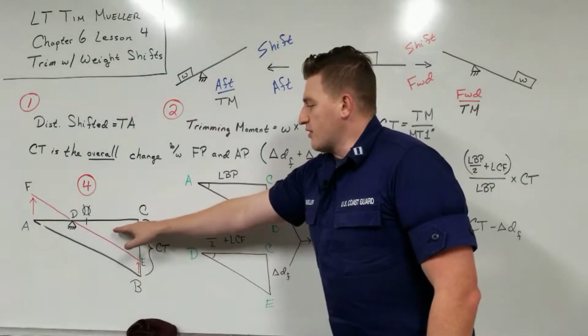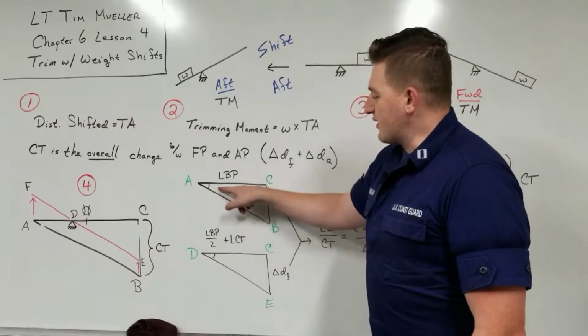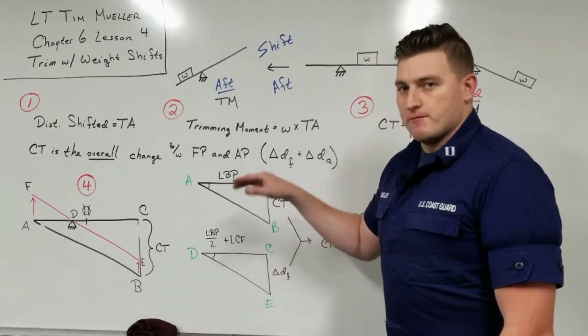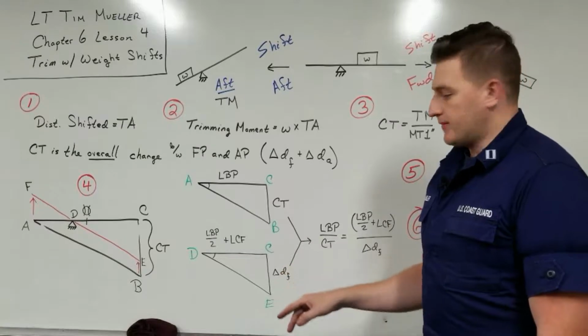Next, we go into this smaller triangle. We know that these angles are the same, so the ratio between the sides has to be the same.